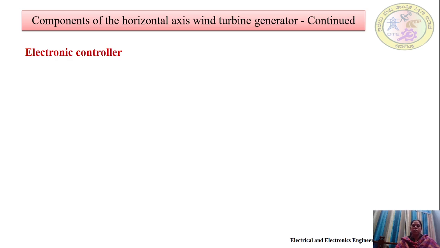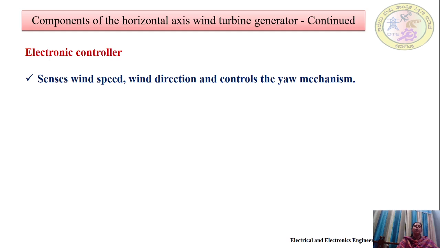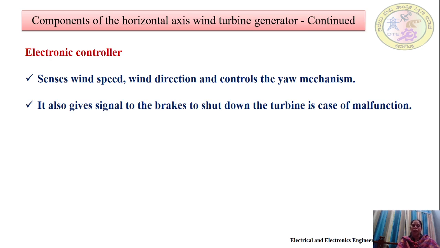Electronic controller. What does it do? It senses the wind speed and wind direction and controls the yaw mechanism. The next component, the yaw mechanism, I am going to explain. It also gives a signal to the brakes to shut down the turbine in case of malfunctioning.